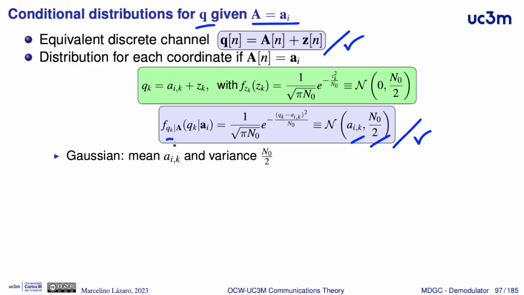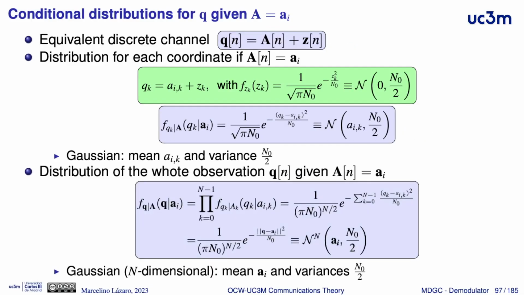This is the conditional distribution for every coordinate of Q. The joint distribution for all the coordinates is just a multidimensional Gaussian whose mean is the symbol that is transmitted, and the variance in every dimension of the space is N0 halves, and we have independent components in the n dimensions.